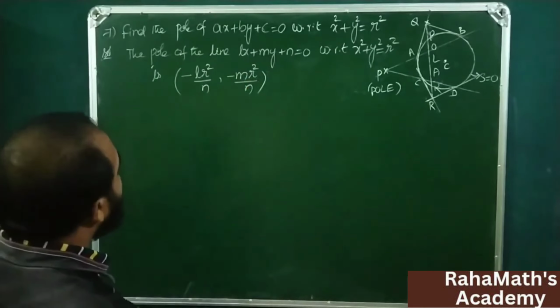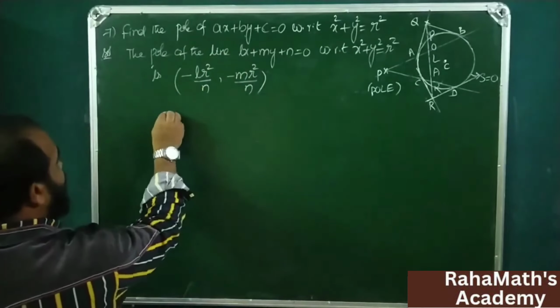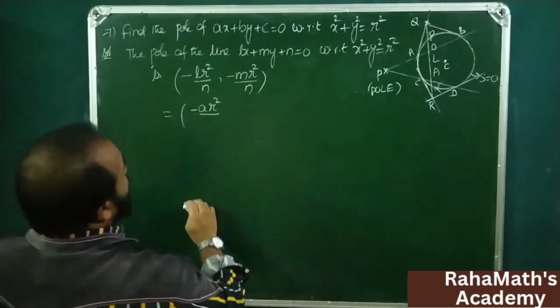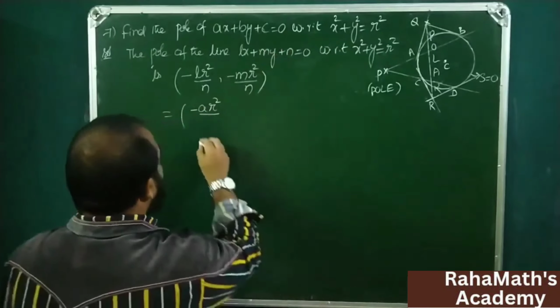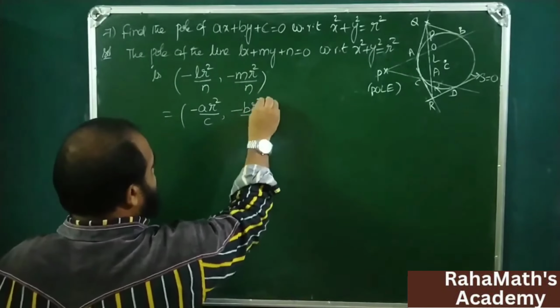Here L and m are a and b, and n is c, so this equals minus a r square by c, minus b r square by c.